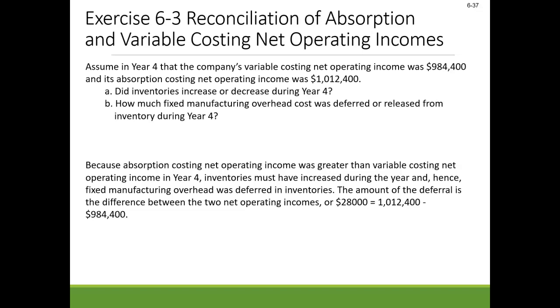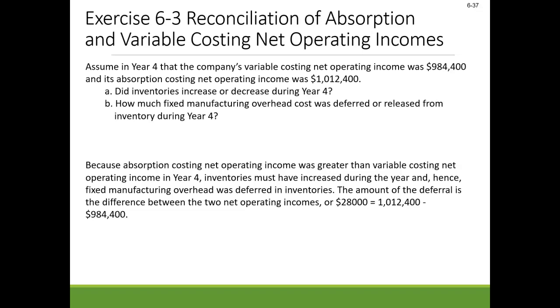Here, if the absorption costing is greater than the variable costing, then that means we produced more than we sold. Inventories must have increased during the year, and hence fixed manufacturing overhead was deferred in inventory. So basically, under absorption, the fixed overhead follows the products.